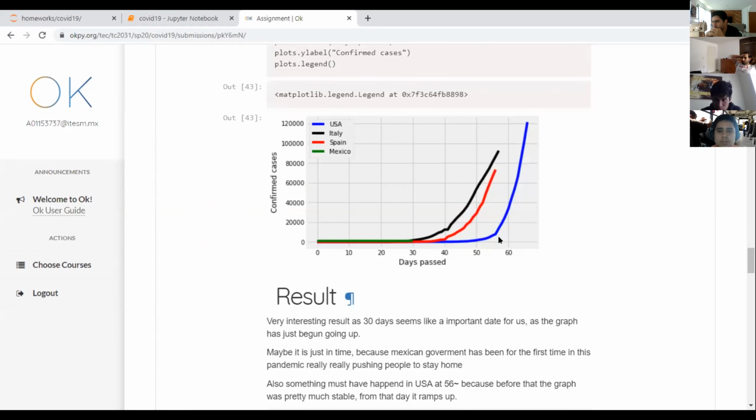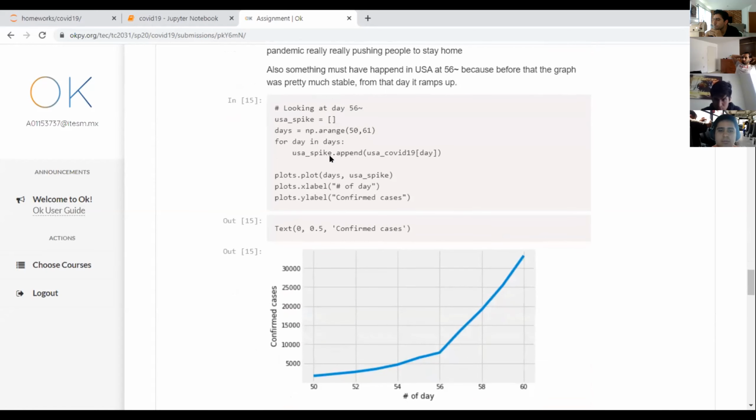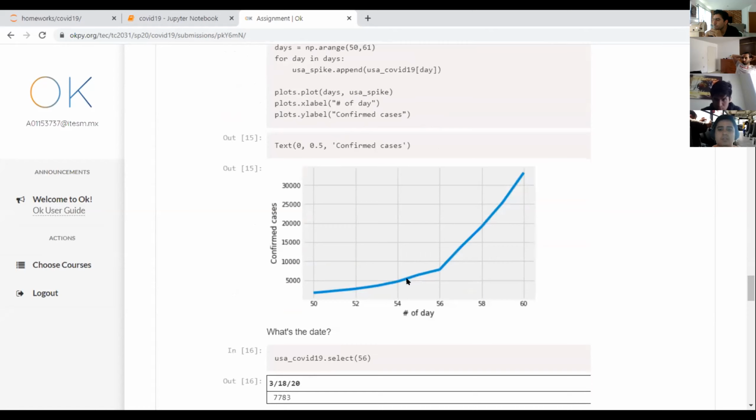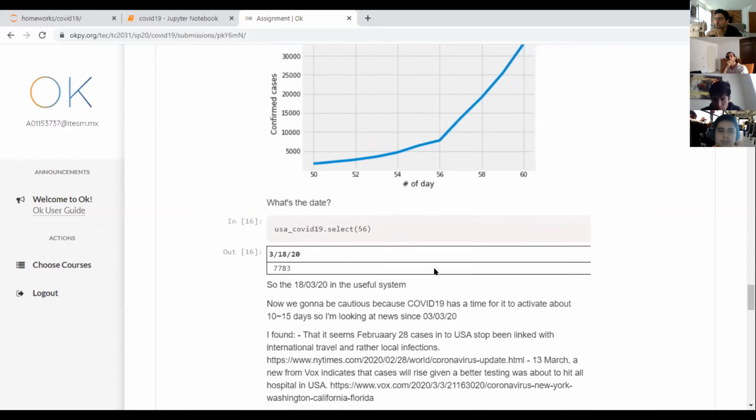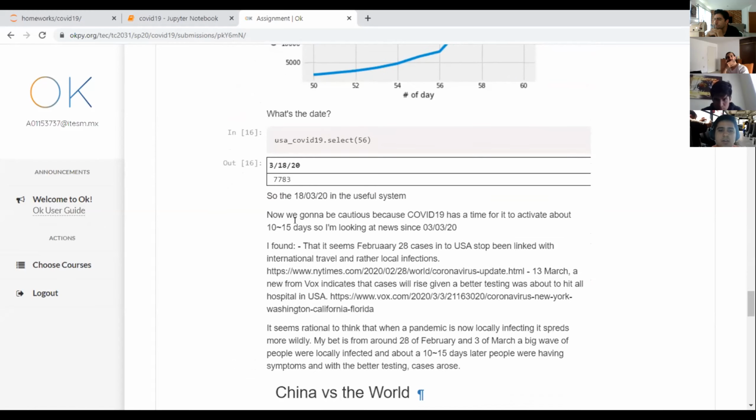So first, I decided to investigate a little bit on that, and I tried to zoom in on the plot, and yes, it seems like it's about the 56th day after the first confirmed case in the United States. That would be the 18th of March of this year.